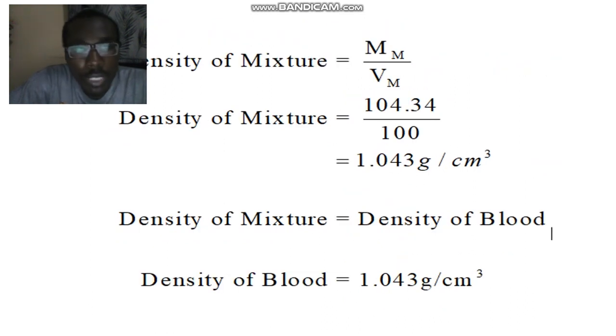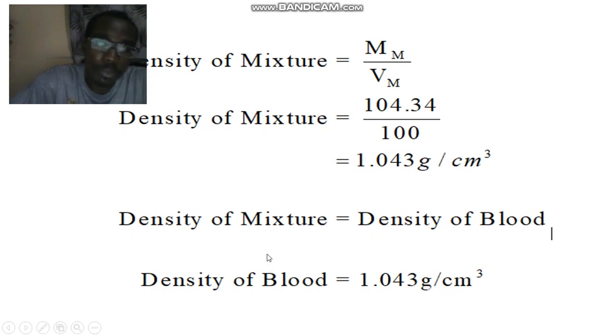We then divide the mass of the mixture by the volume of the mixture. The volume of the mixture is obtained by summing up the volume of xylene and the volume of bromobenzene, and that gives us the density of the mixture to be 1.043 grams per cubic centimeter.